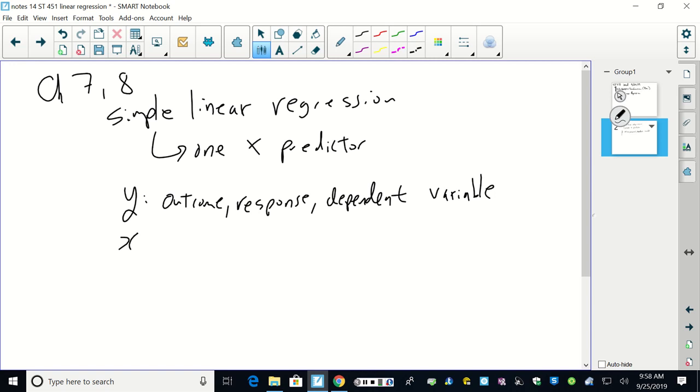Then there's x, which is going to be explanatory, or something called the predictor variable. Or in an experimental setting where you can change the levels of your inputs, it could be called the independent variable.